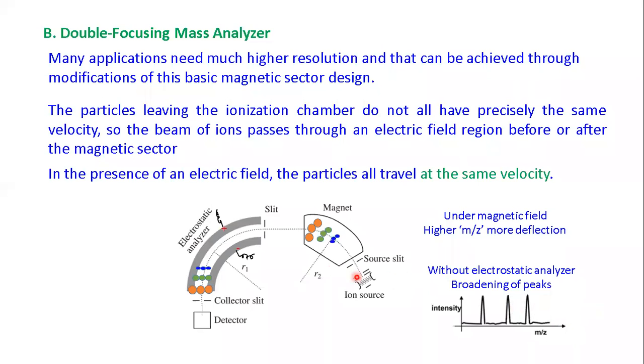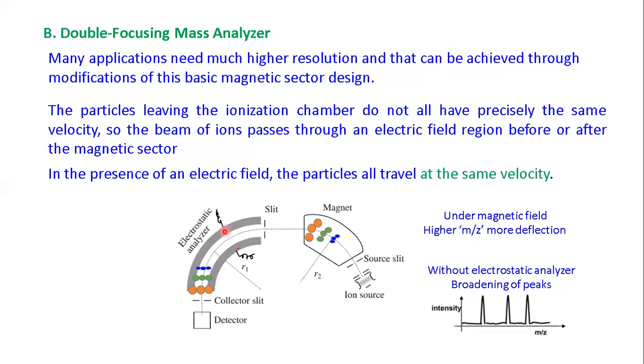Now, what we will see further is that if you have an unusual m by z, that will not reach the detector. When the positive charge is moving through this electrostatic analyzer, you have positive charge here.